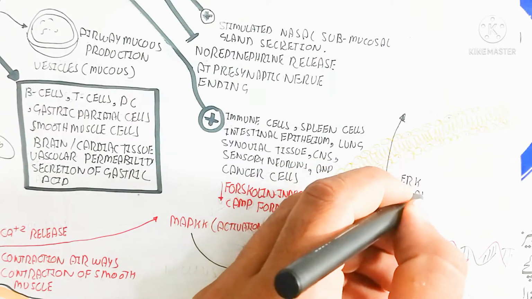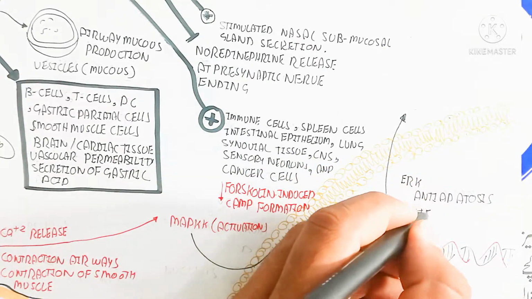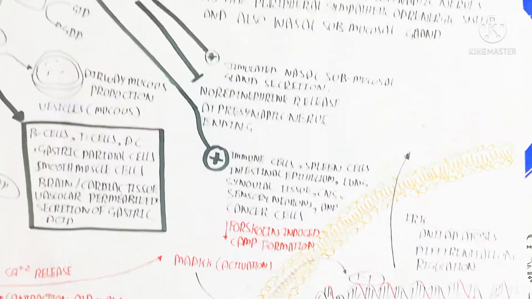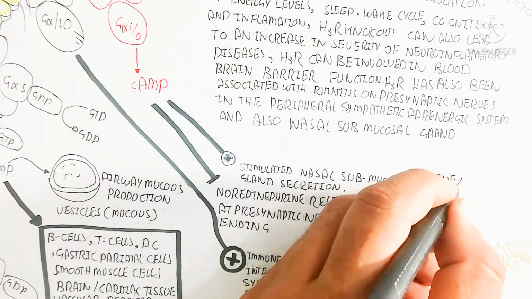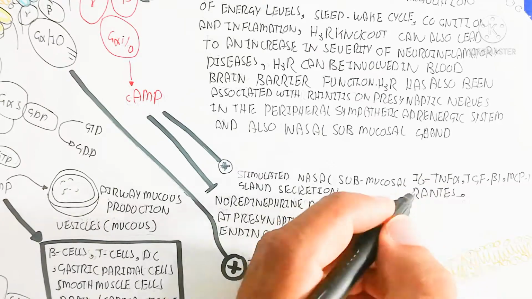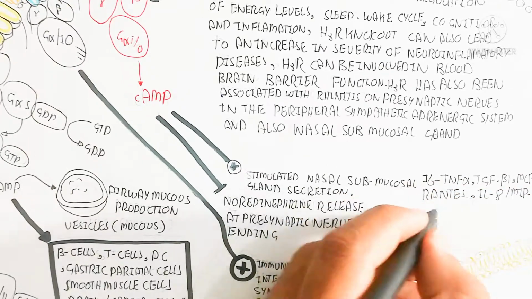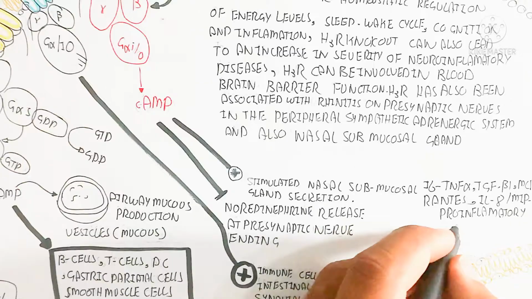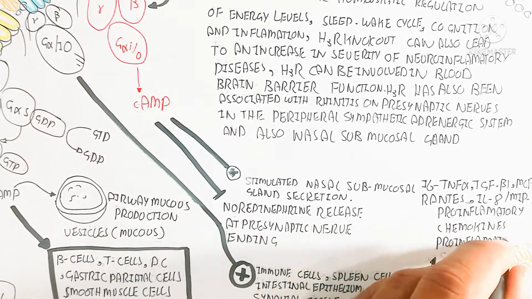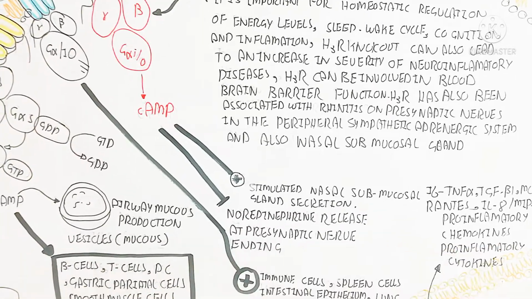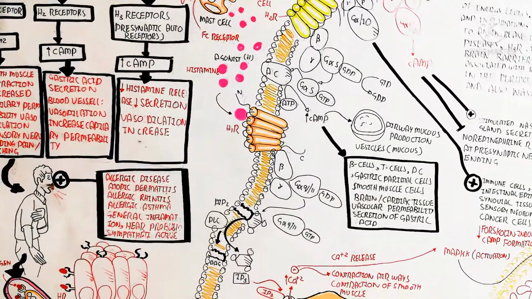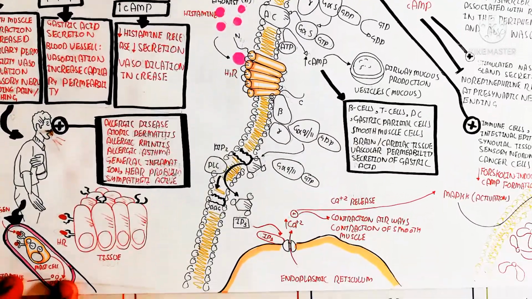In this way, the DNA will be activated to produce the transcription factor to translate the proteins: interleukin 6, tumor necrosis factor alpha, transforming growth factor beta 1, MCP1 and RANTES, interleukin 8, MIP-1 alpha, and pro-inflammatory chemokines, pro-inflammatory cytokines also. So this is the histamine receptor and its role in allergic reaction. Thanks for watching.